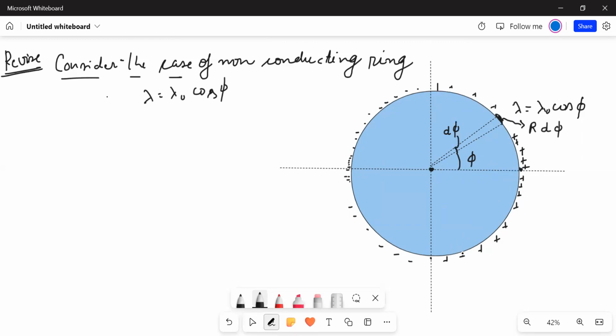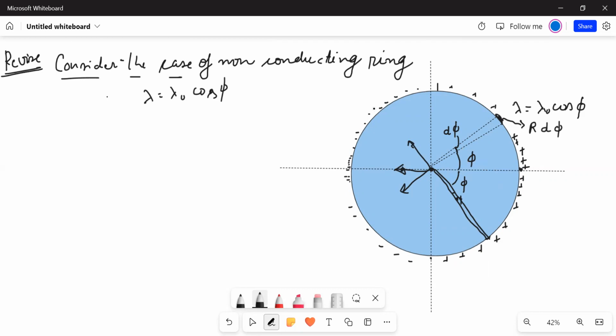If this half of the ring contains positive charges, what will happen if you just take a diameter, an opposite symmetrically situated element? Let's say this is again phi, and this is d phi. The net electric field will be added in this direction. Let's say this direction is the x-axis, so the net electric field will add in this direction.